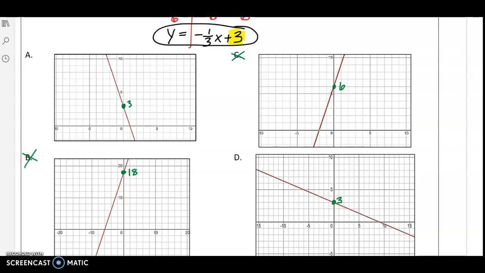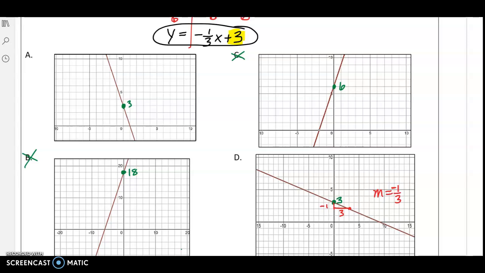And now we need to find the slope, the rise over run. So looking at answer choice D, it is going down 1/3. So our slope is -1/3, which is what we wanted. So this should be the correct answer. But let's double check by looking at A as well.